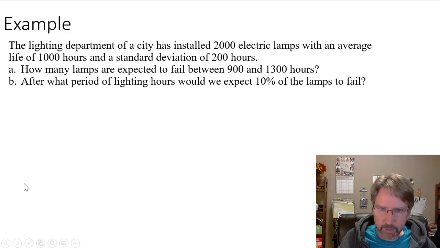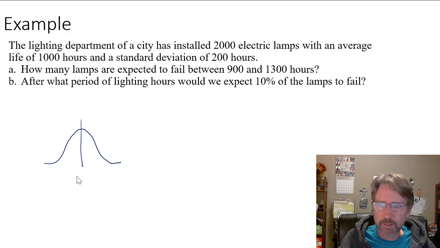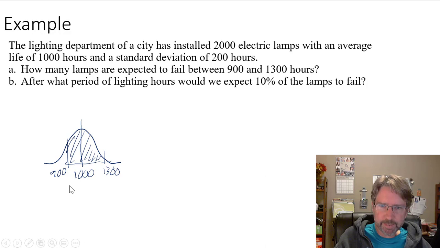So first let's sketch that in and try to find the probability of failure between 900 and 1,300. We always start by drawing the shape. So here's our mean, 1,000, and we want to go up to 1,300 and down to 900, and it's this area that we're looking at for part A. Okay, so the next step is to convert the x's to z's and find the areas.